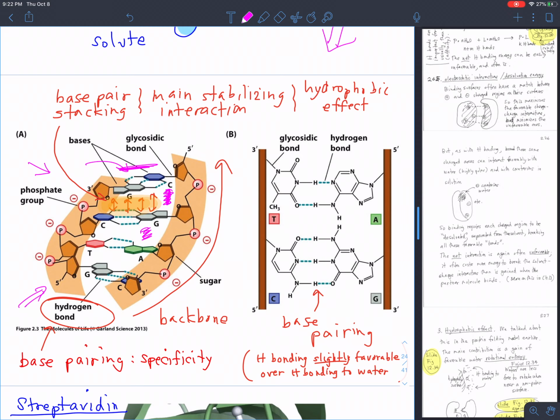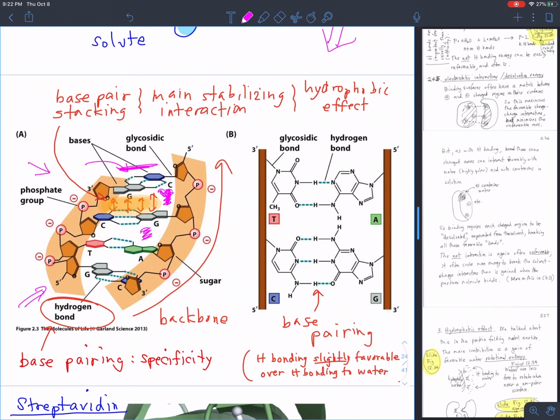When you break the DNA apart, those hydrogen bonds get replaced by hydrogen bonds to water. And it turns out that the hydrogen bonds inside the DNA are a little stronger than the hydrogen bonds that get formed to water if you take the double helix apart, but not that much stronger.